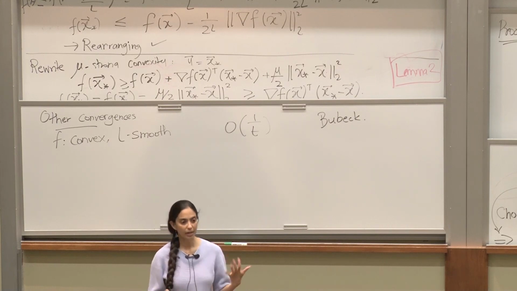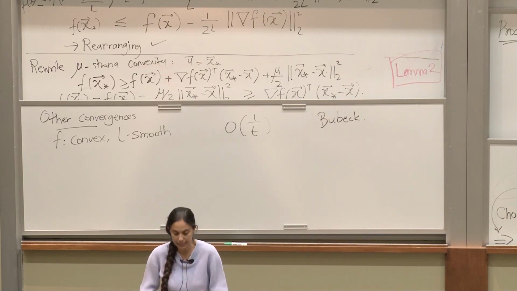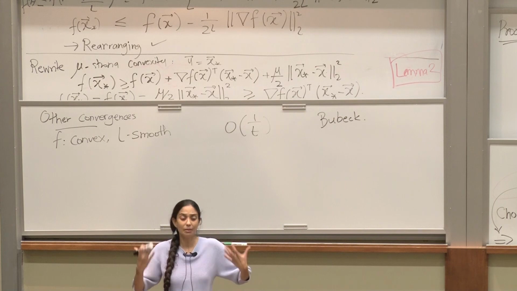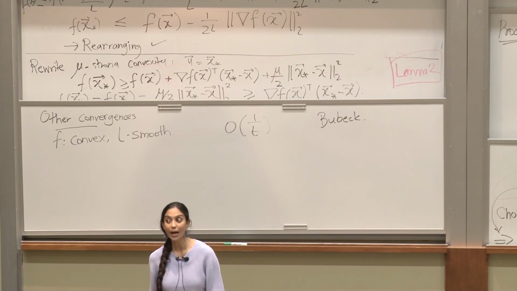It's the basis for many, many variations on this particular algorithm. One very common variation is stochastic gradient descent.